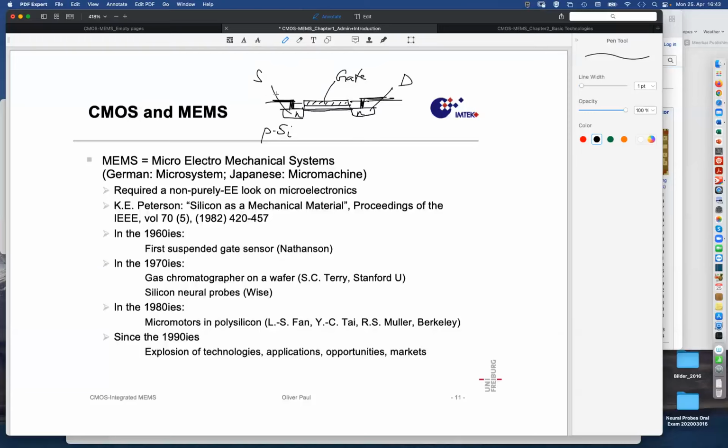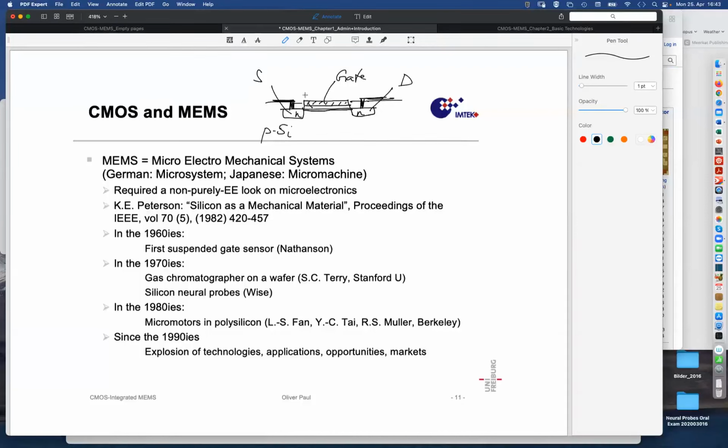And a current can flow from the source through this channel to this drain if the gate has the right voltage. Now, Nathanson said, maybe I could make some sensitive device by making this gate, which in the usual transistors is really stuck to the silicon by some insulating layer.